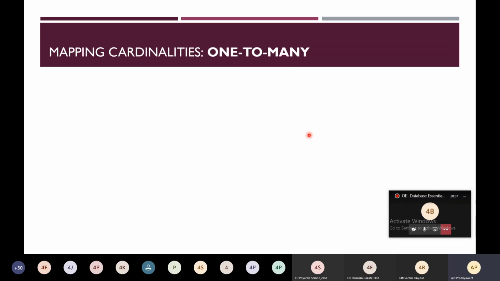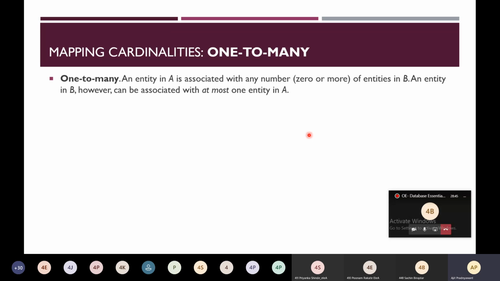Next is one-to-many. Now you can understand what the one-to-many mapping cardinality is. An entity in A is associated with any number, 0 or more, of entities in B. An entity in B, however, can be associated with at most one entity in A. Both the statements are very important.